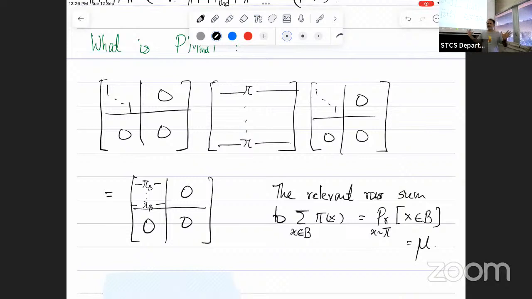So the largest eigenvalue this matrix can have is mu. In fact, that's the only eigenvalue it has. The rest are all zeros because it's a rank 1 matrix.